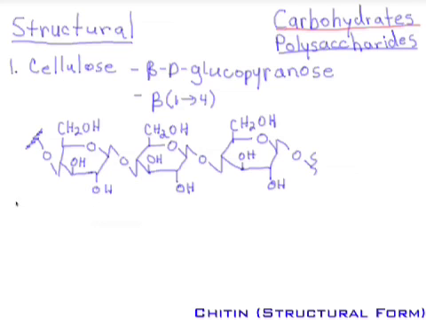Another example of a structural form is chitin. Chitin is a linear polymer of beta-D-glucopyranose in which the OH of the second carbon, I will circle it, has been replaced with an N-acetyl group. Therefore, chitin is a linear polymer of N-acetyl D-glucosamine.